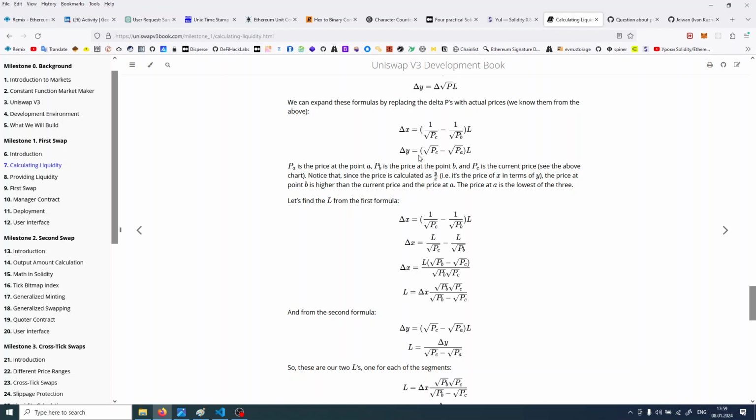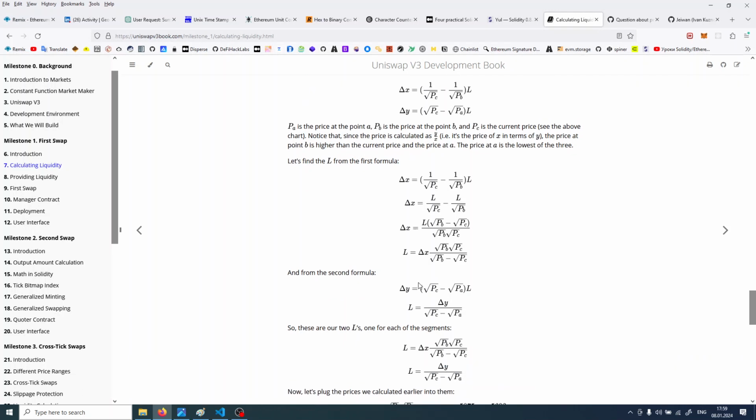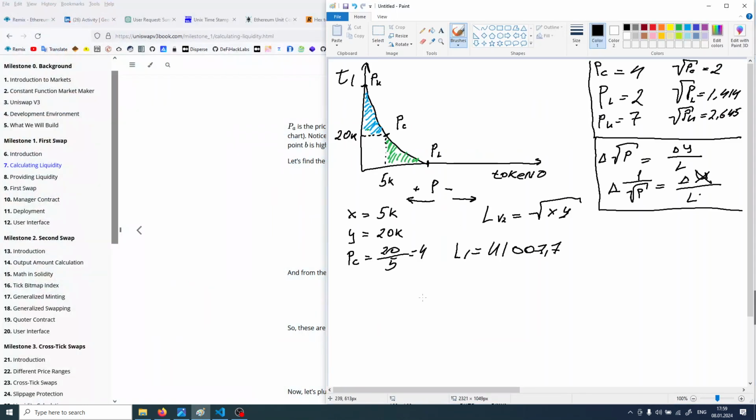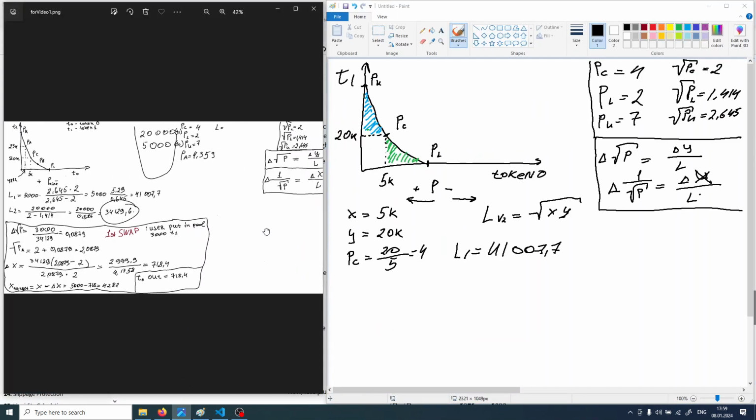So in this case, when we calculate liquidity first, it will calculate liquidity for x.